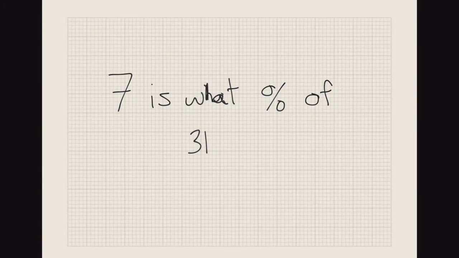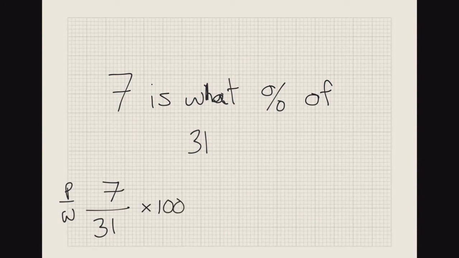I'm not even asking for a formal setup. What would you do quickly to solve this problem? Yeah, 7 divided by 31. You take the part over the whole, P over W. He's going to times that by 100 in his head. That's going to give him the percent, and it's going to be roughly 22%.